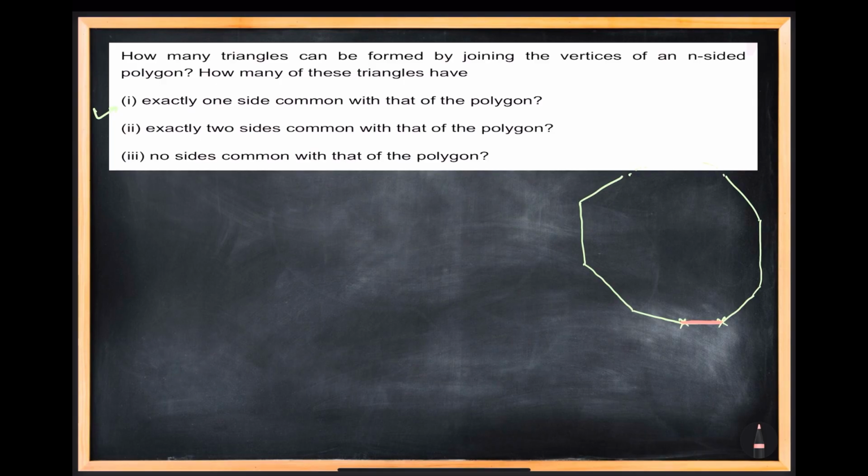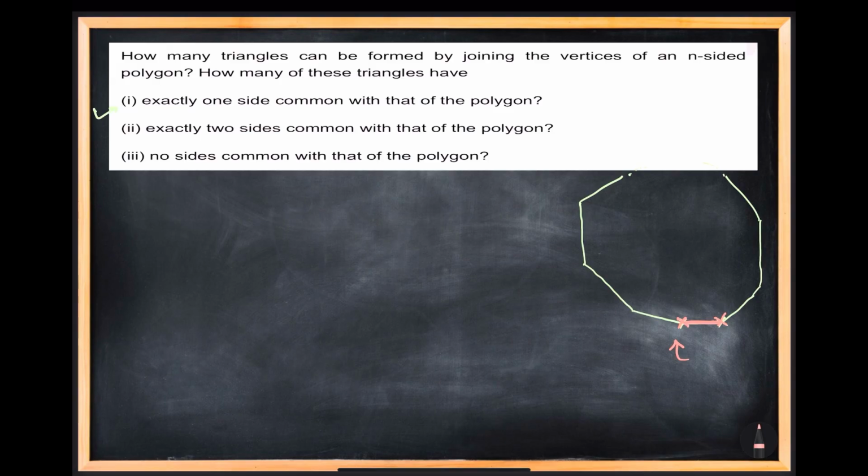You know that to find the number of triangles we need 3 points, out of which we have already collected 2 points. We need one more point. Now look at this. All together there are n points. Will you allow me to take this point?